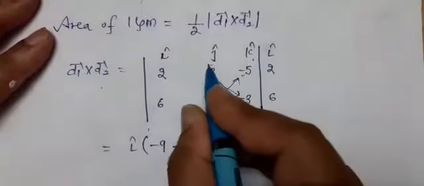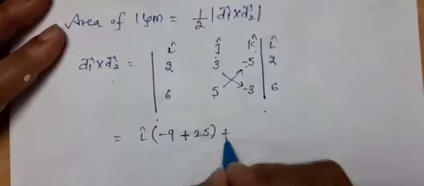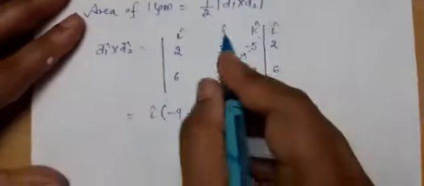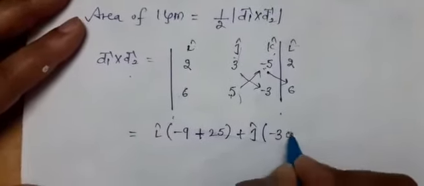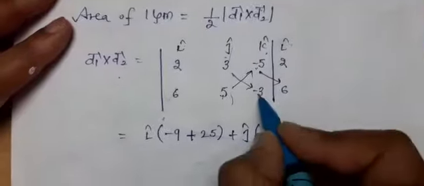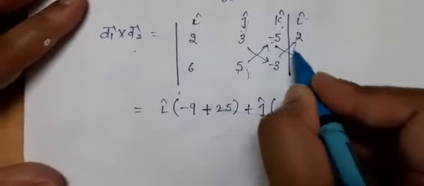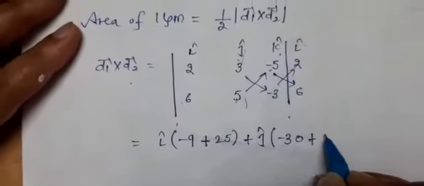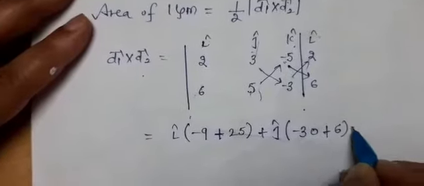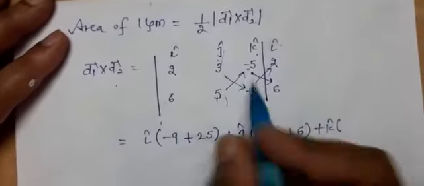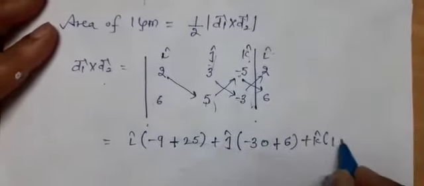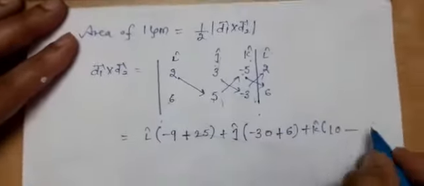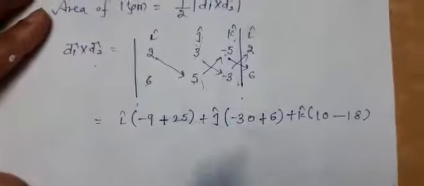Similarly, when we are taking the J coefficient, plus J, it will be -5 into 6, this is -30, and minus, then -3 into 6, -6, so minus plus 6. Then when I am taking the K coefficient, it will be 2 into 5, 10, -6 into 3, 18.